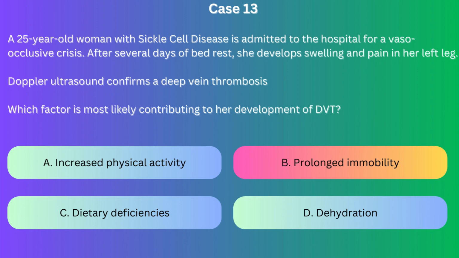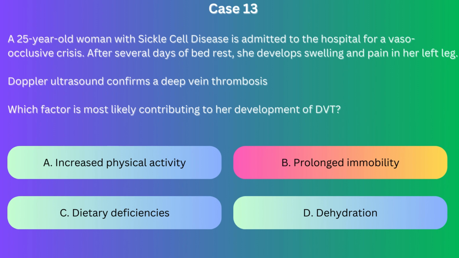Patients with sickle cell disease are at increased risk for venous thromboembolism, VTE, including DVT and pulmonary embolism. Factors contributing to this increased risk include the hypercoagulable state associated with sickle cell disease and periods of immobility, especially during hospitalizations for vaso-occlusive crises.